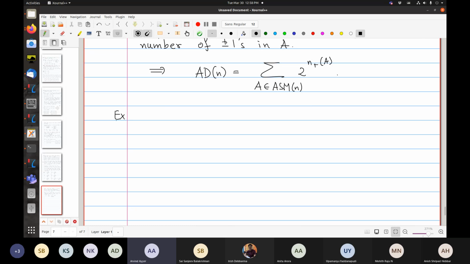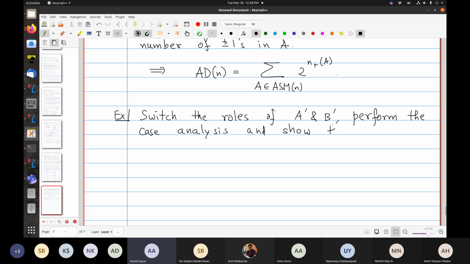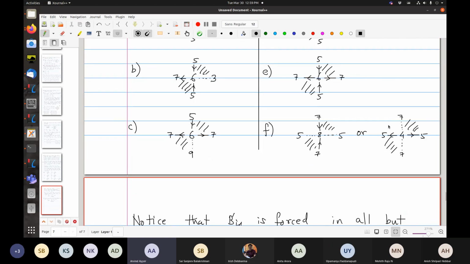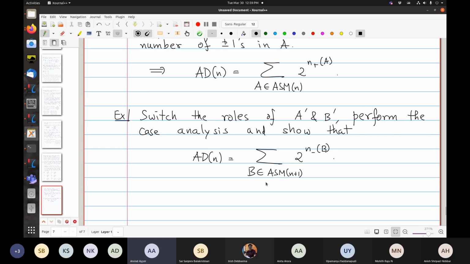So, exercise: switch the roles of A prime and B prime, perform the case analysis, and show that AD of n is the sum over all B in ASMs of n plus 1, 2 to the n minus of B. This time you'll get a choice of 2 corresponding to a minus 1 in B. Okay.